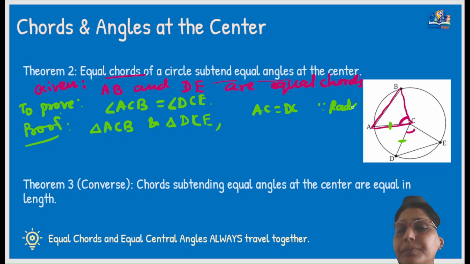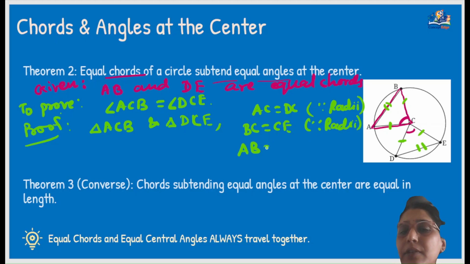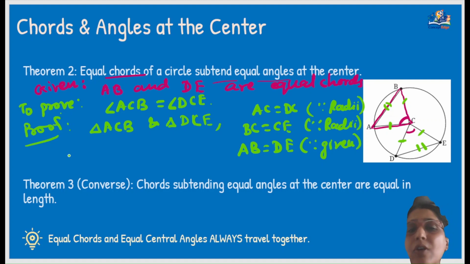Then BC equals CE, again because they are radii. And AB equals DE, this is given to me. So, by the SSS rule, these two triangles are congruent.